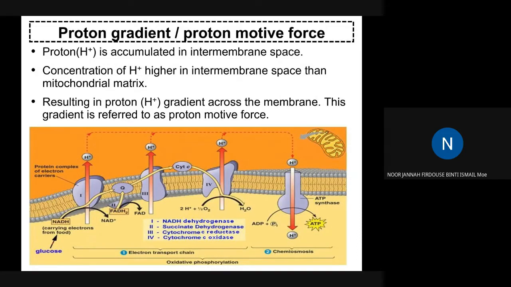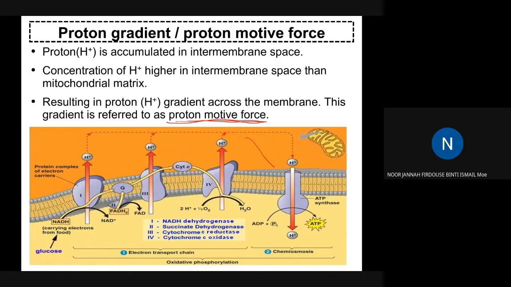Since hydrogen ion is accumulated in the intermembrane space, this creates the proton gradient. The proton gradient is high in the intermembrane space and low in the matrix of mitochondria. This gradient is referred to as proton motive force. Remember proton motive force.